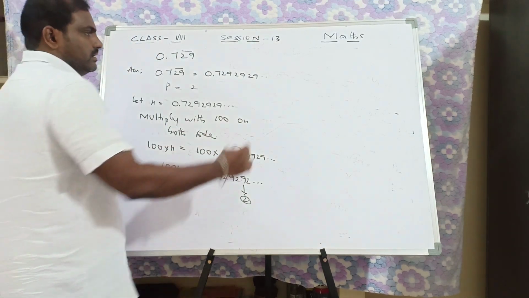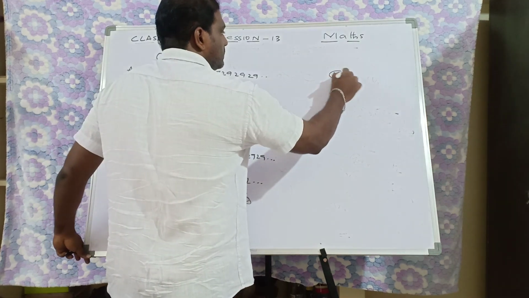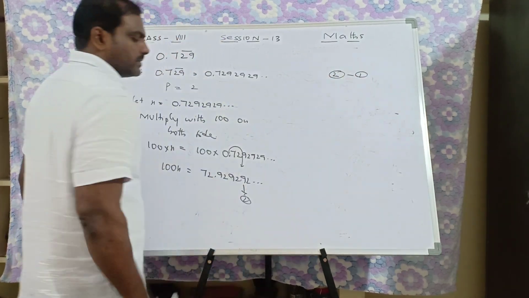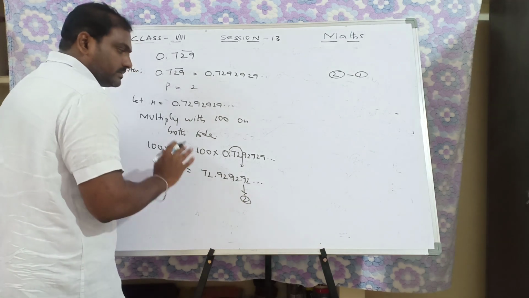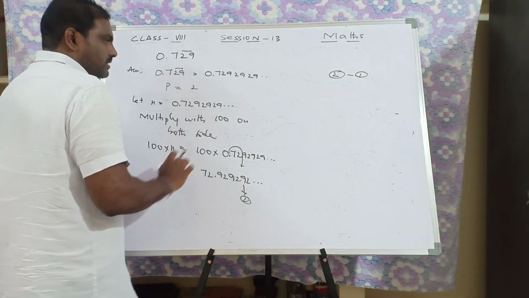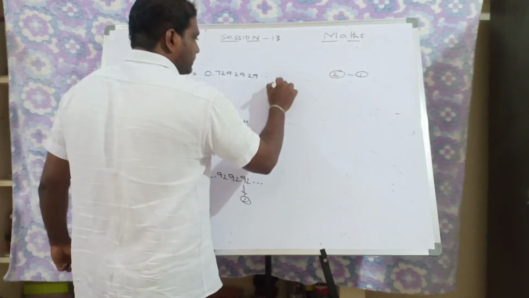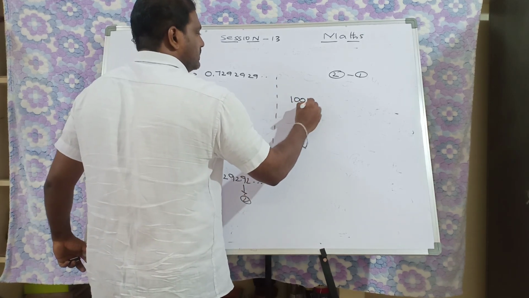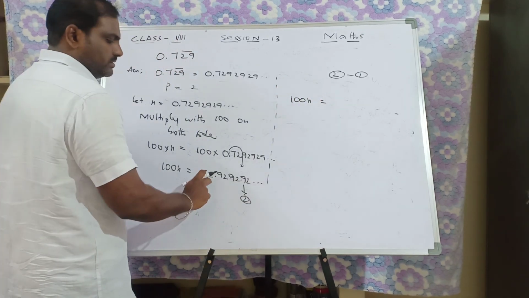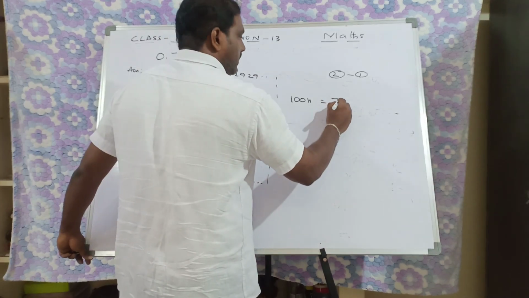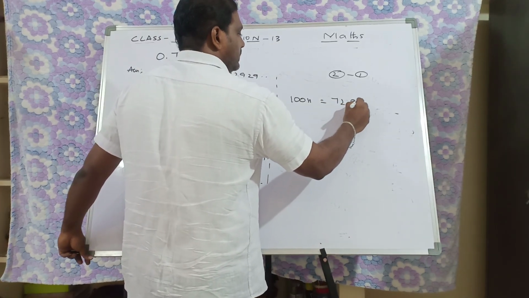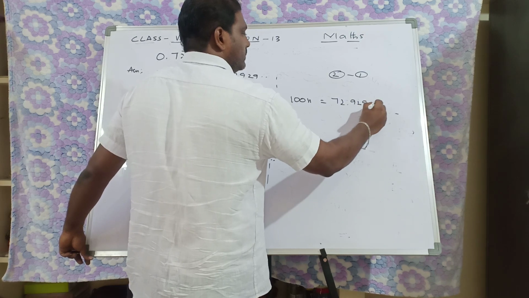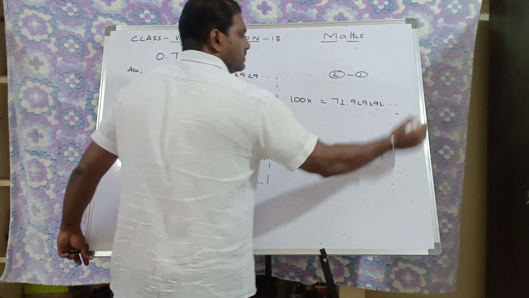Okay. Now what is the next step? Equation 2 minus equation 1. Very, very important. Here the maximum of the students made their mistake. Now what is equation 2? 100x equals 72.9292 and so on.